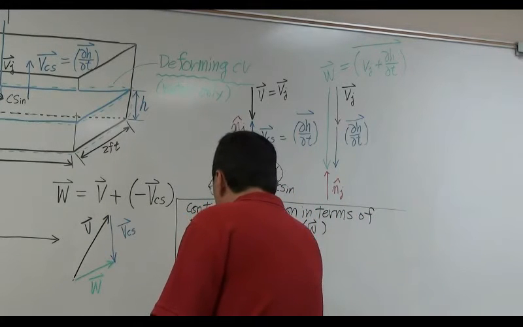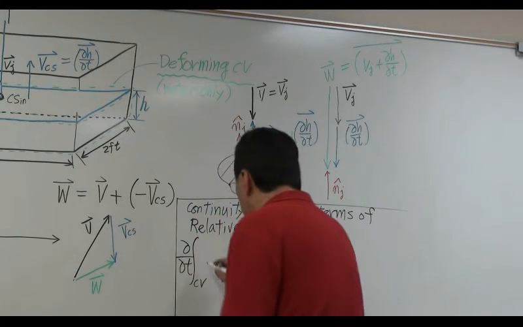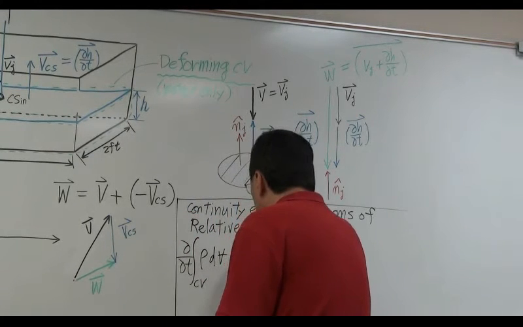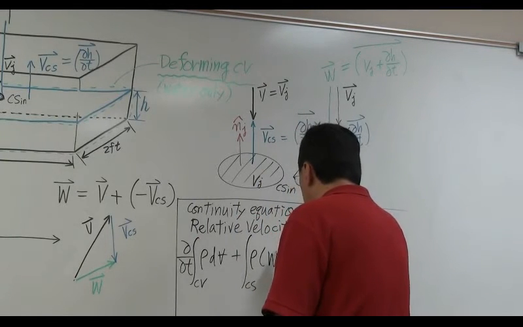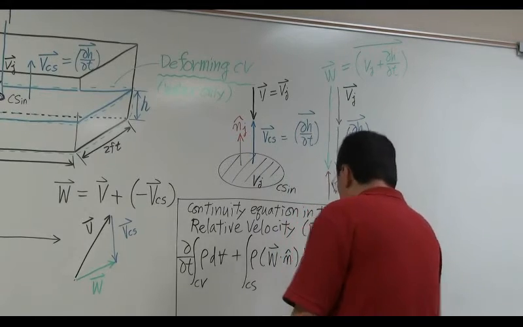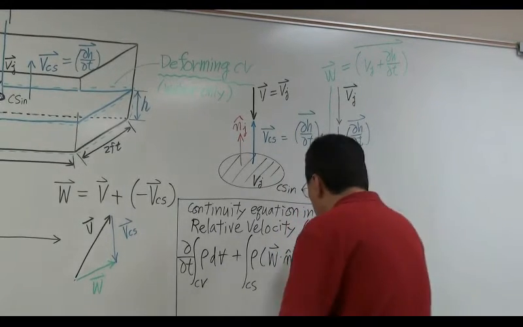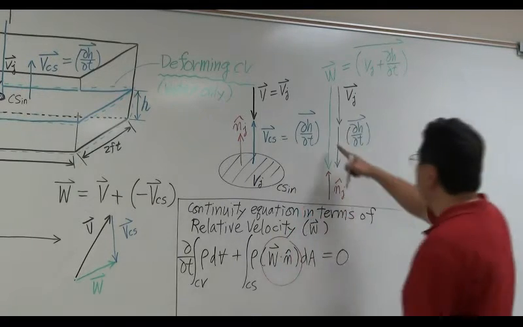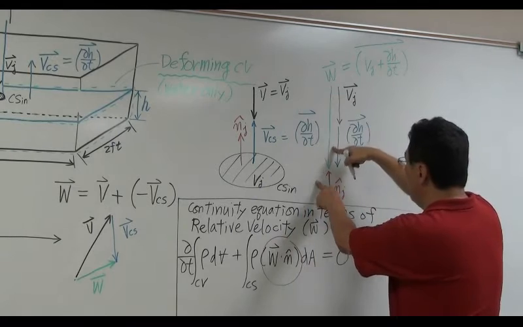Integral over control volume, d/dt, integral over the control volume rho dV, plus integral over control surface rho times W dot n dA is equal to 0. So this one, W dot product n, in this case, the vectors are opposing.